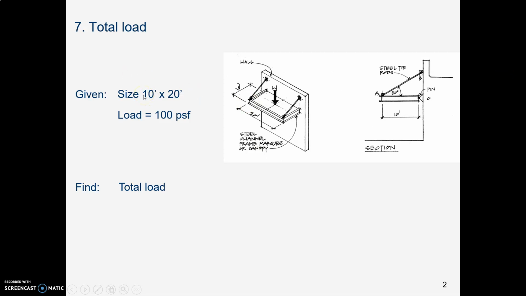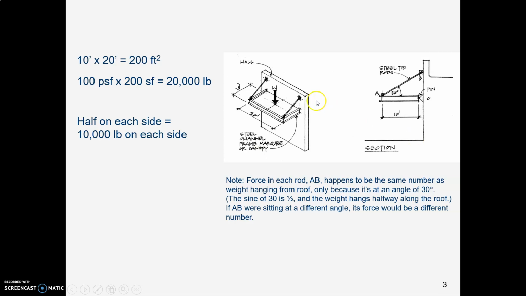If this marquee roof is 10 by 20, let's figure out how many square feet that is, and then if the load is 100 pounds per square foot, how much is the total load? Okay, so 10 feet times 20 feet means we have an area of 200 square feet.